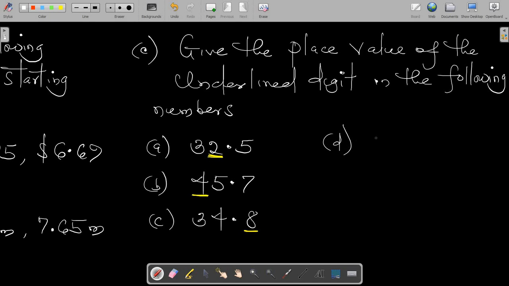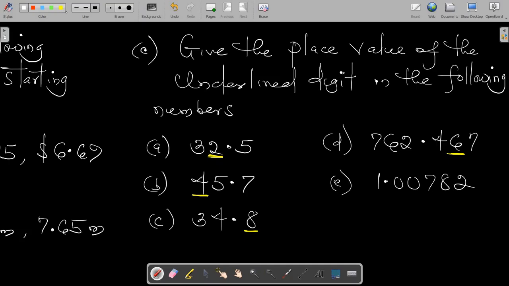Let's say we are given 762.467. This time around, I want to underline 6. Then the E part, we have 1.00782. Here I want to underline this 0.